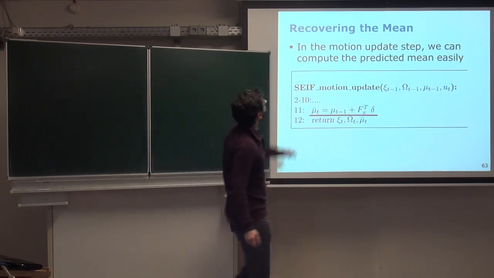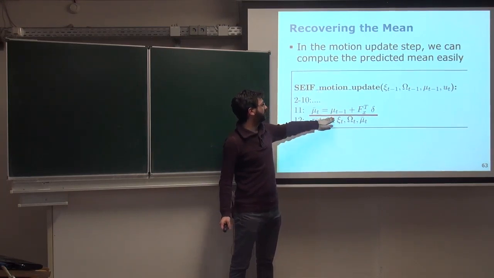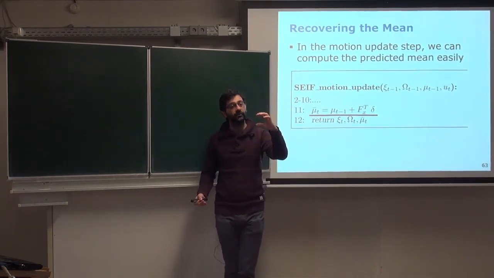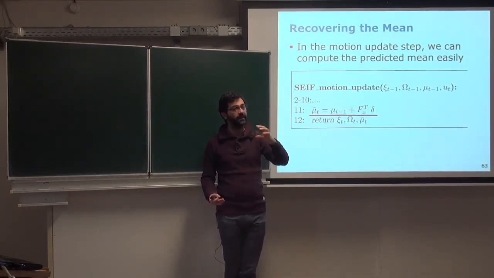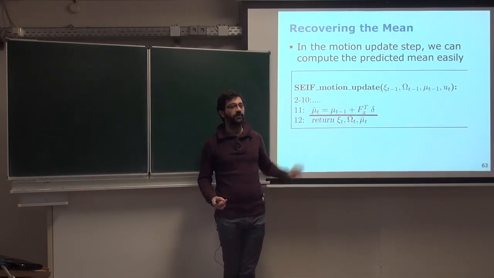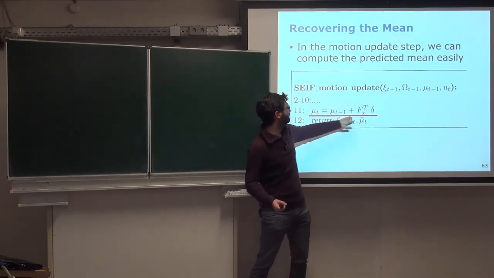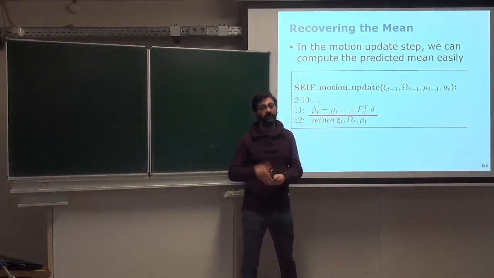If you look at the motion update, we already have a predicted mean after the motion, because once we have a mean from our previous step, we know from the Kalman filter that the optimal prediction is just applying the motion function to the mean. So we just do an update, and what you see here, the previous mean plus this, is basically the application of the motion function.